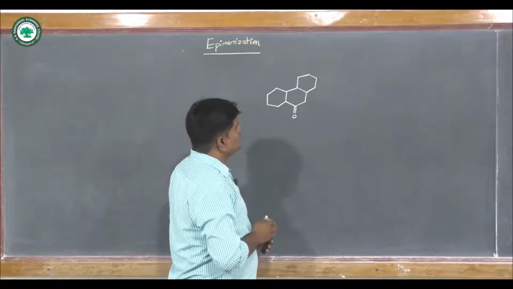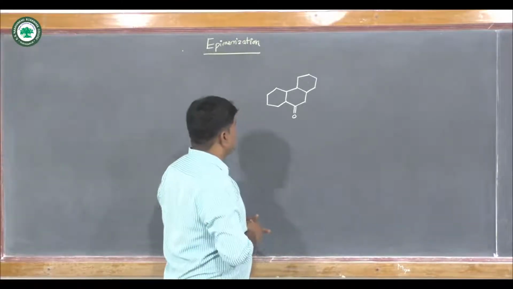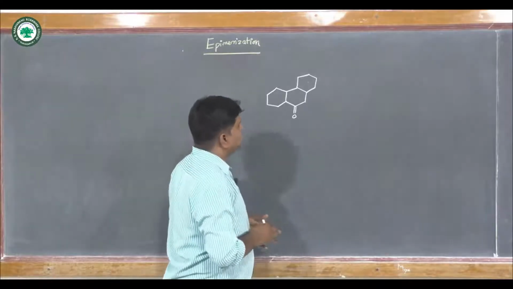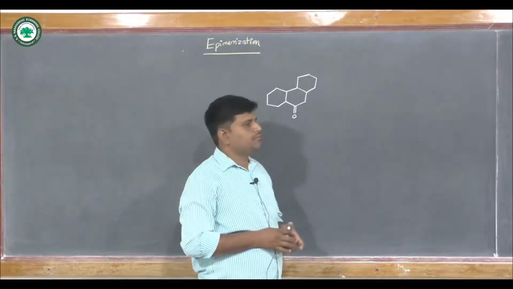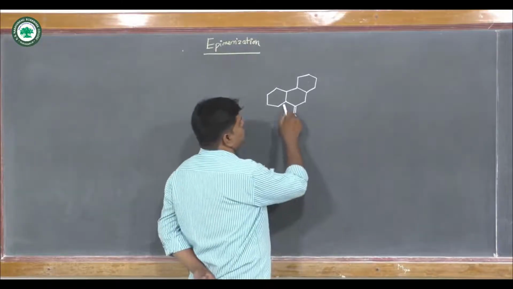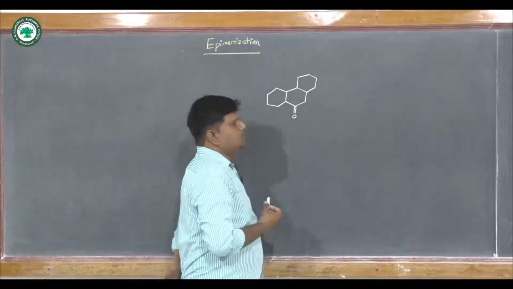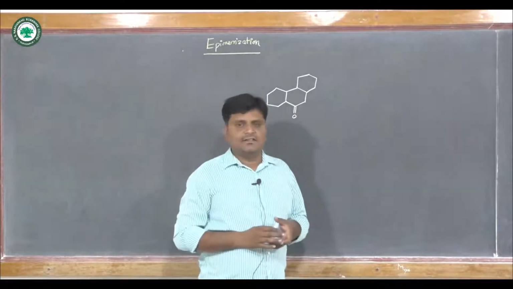This is a carbonyl compound with a fused ring, and there are many chiral centers. Suppose these are 1, 2, 3 and 4; these four carbons are chiral centers.